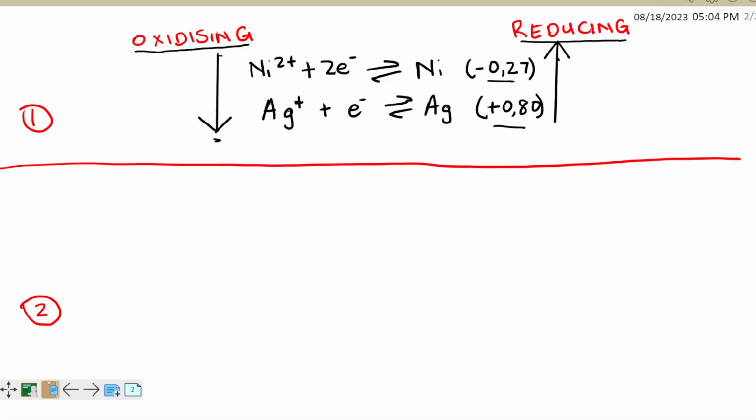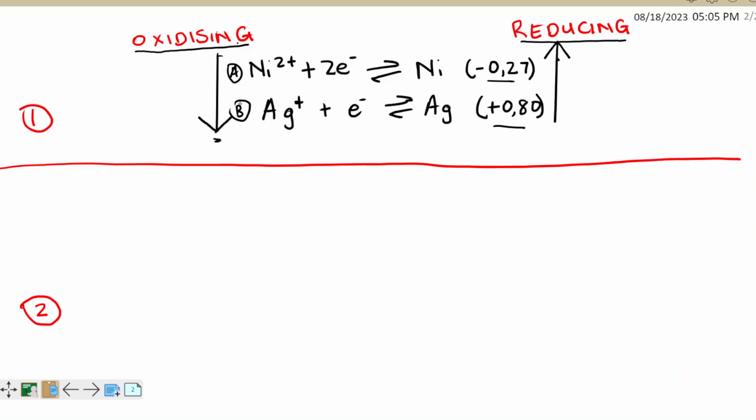We want to identify which one is the cathode and which one is the anode, which one is the oxidizing agent, and which one is the reducing agent. So after you've written these two, what does this oxidizing ability mean? Let's say this is reaction A and this is reaction B. The arrow is saying if you go down, the oxidizing ability of these two is increasing.